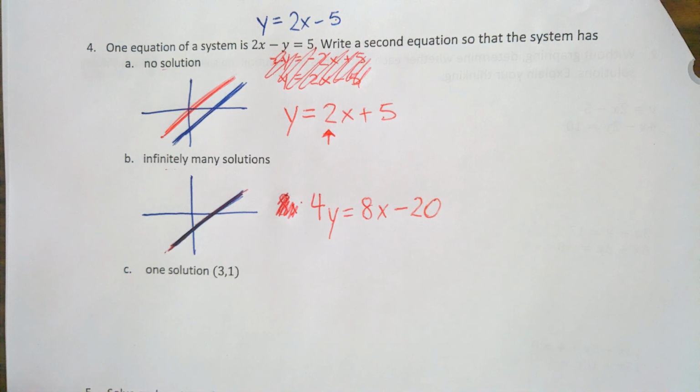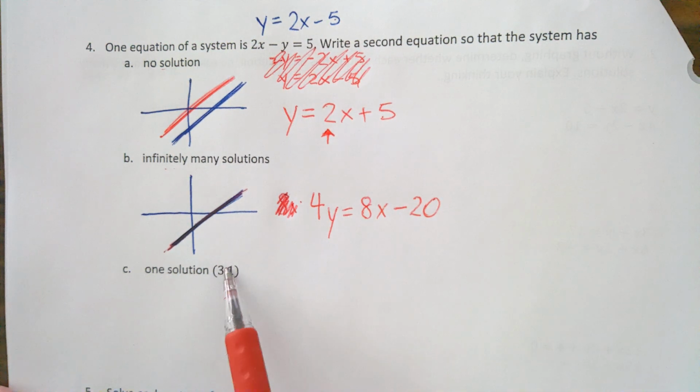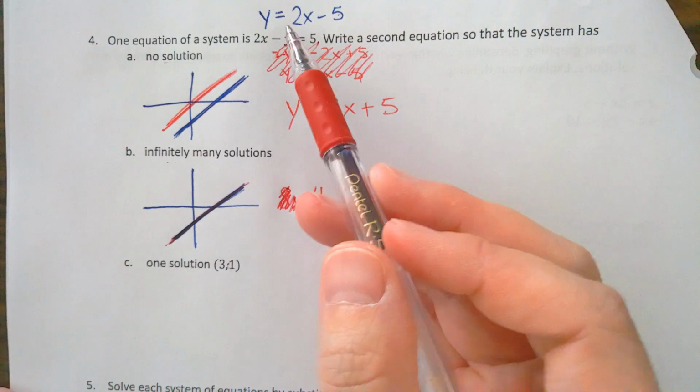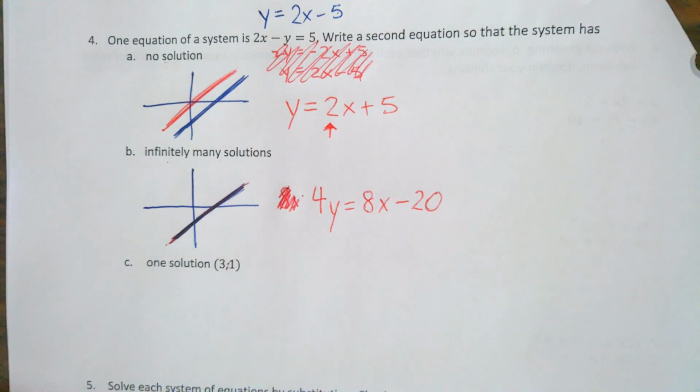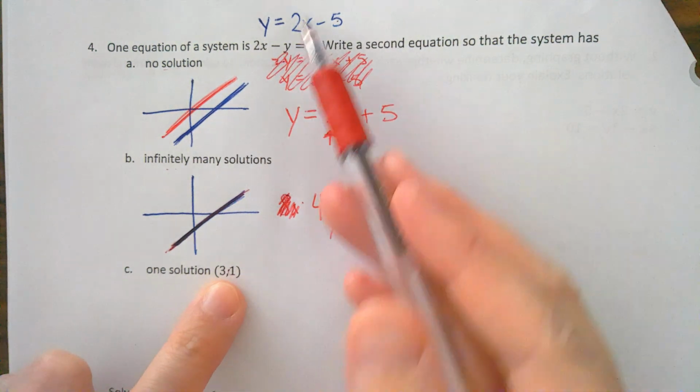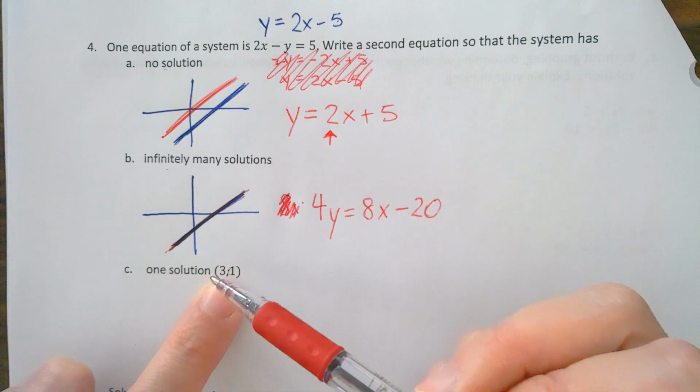Okay. And then this part is what Leandro was saying in my multiple choice. If I give you a point, how can I check if it's an intersection point? Plug it in.